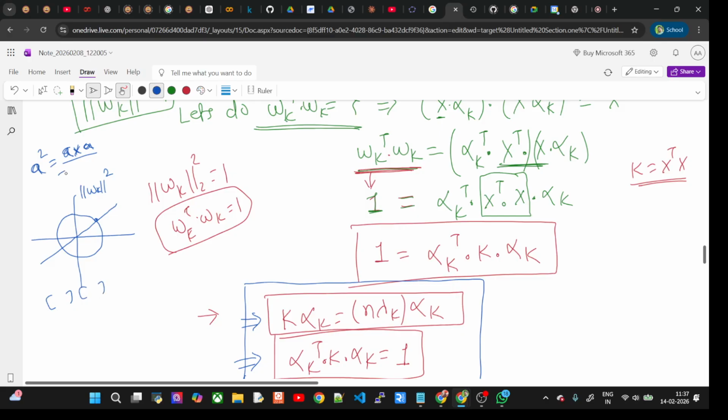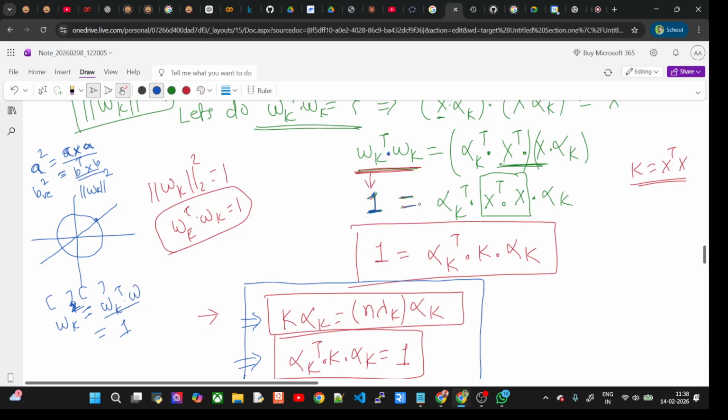If B is a vector, B square is B transpose into B. So for Wk, Wk square is Wk transpose into Wk, and you know that unit length means it equals 1. That's why we took 1. Got it?